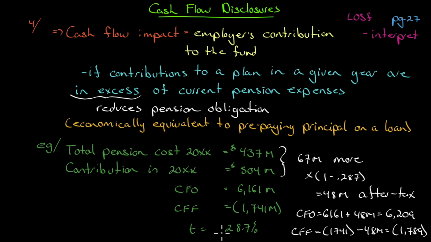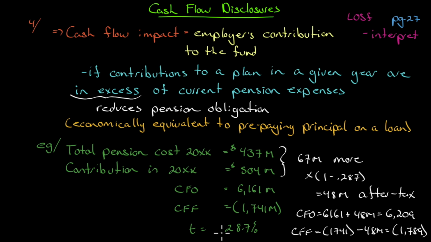Well, if the company has to be penalized for that by reporting it all in cash flow from operations, they might not take advantage of it because it might hurt a key metric. So that's when they would say, look, in the cash flow from operations, here's what we had to do.